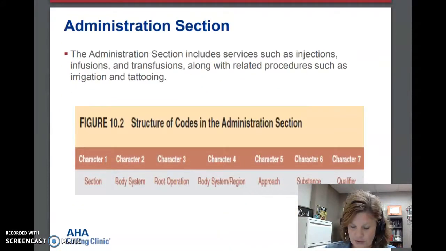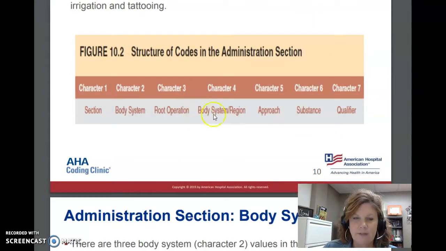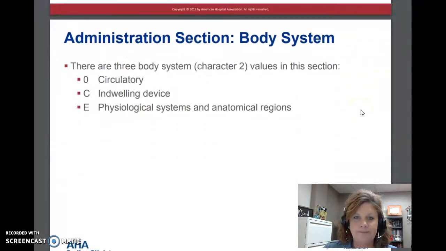Okay, the administration section. With that, again, it's pretty much the same structure of codes, but we have a little bit different here. Section, body system, root operation. It goes body system and region, then we have approach. But character 6 is going to be a substance, and then our 7th is still the qualifier.